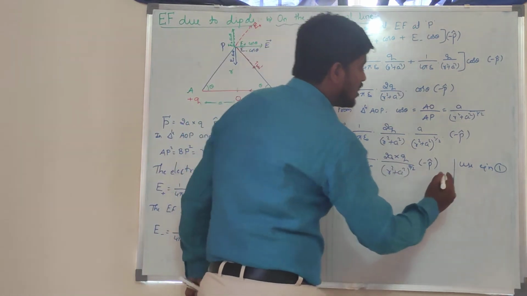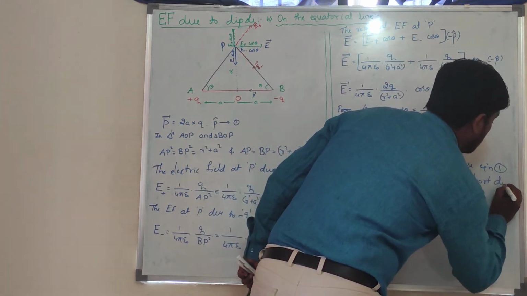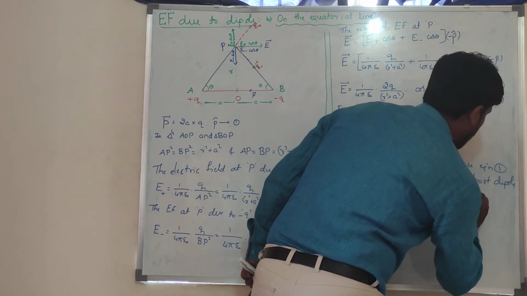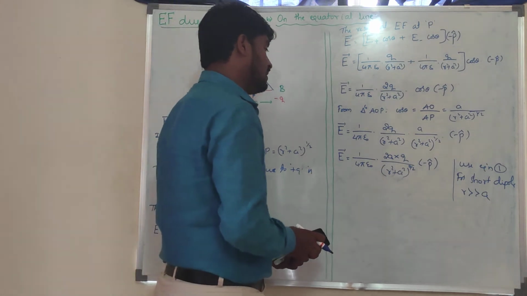And for a short dipole or small dipole, r is very much greater than a, since I am getting the value of a square in the denominator.